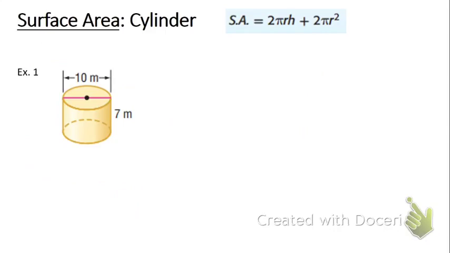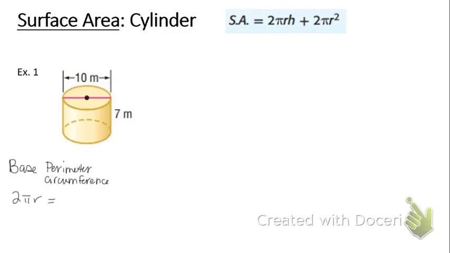Okay, guys, let's get started. So our base perimeter, also known as the circumference, is what we are going to find first. So we find the circumference by doing 2 pi R. So our base perimeter is the 2 pi R part.